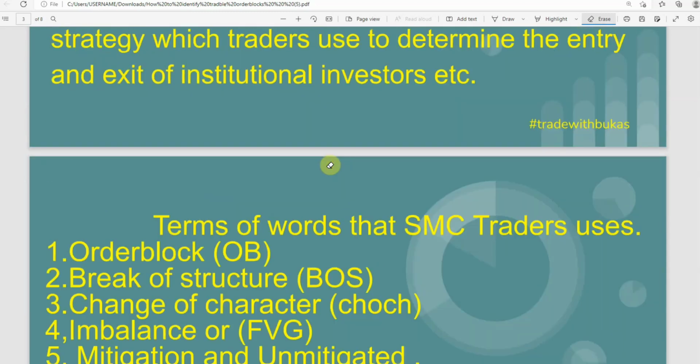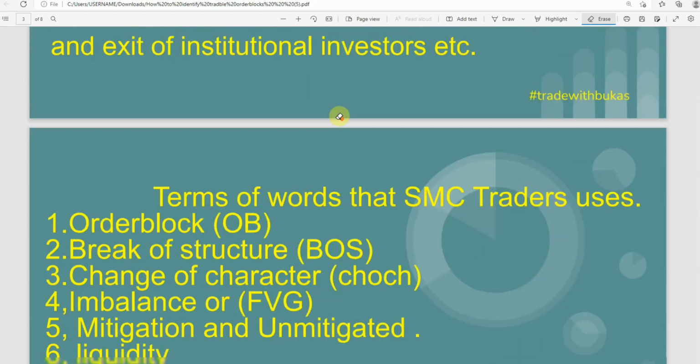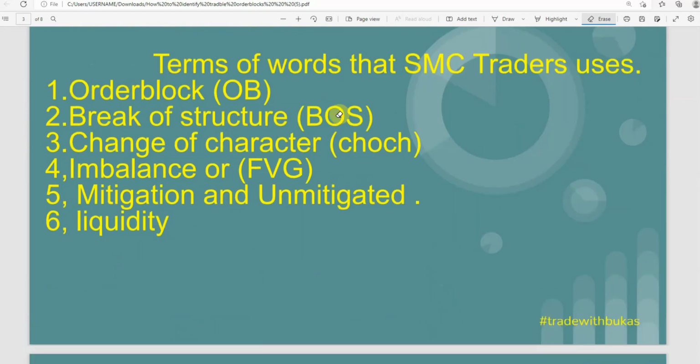First of all, let's talk about what an order block is all about. An order block is a market behavior that indicates order collections from financial institutions. So order blocks are where the financial institutions are placing their buy and sell zones.